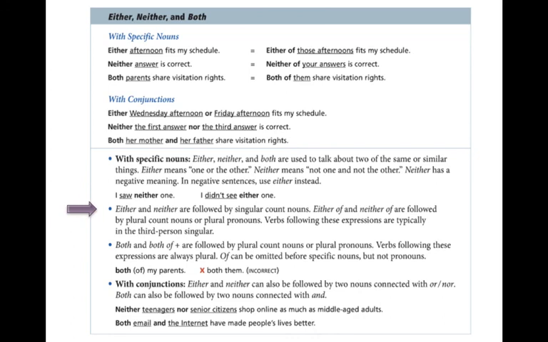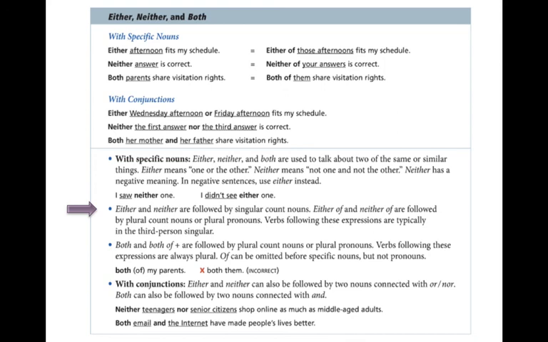Either and neither are followed by singular count nouns. Either of and neither of are followed by plural count nouns or plural pronouns. Verbs following these expressions are typically in the third person singular.